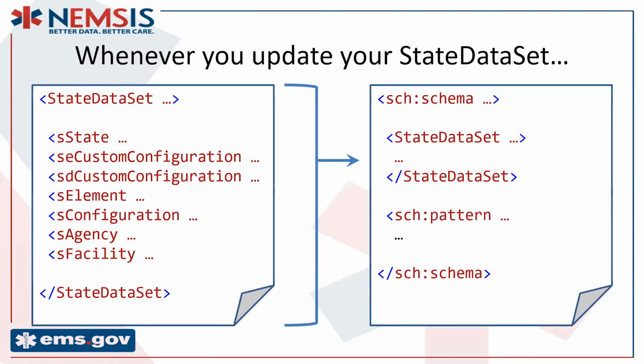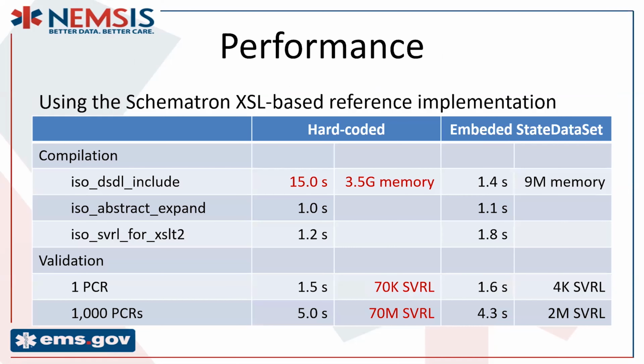All right, lastly, I wanted to touch on performance considerations. For whatever reason, the hard-coded approach that I showed you for that facility code to name matching rule causes a bit of an issue in compiling the Schematron schema.